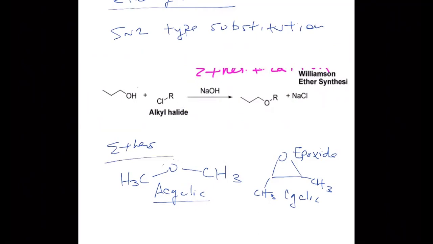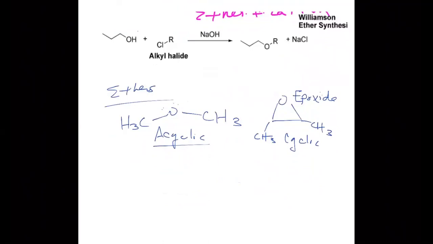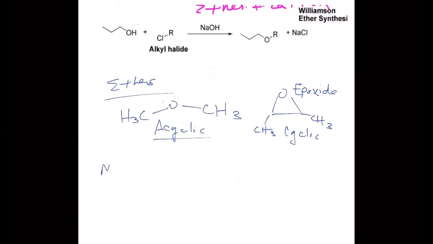Again, you have your alcohol, and you deprotonate it with the base. That's always the first step. In the lab, more than likely, you'll stir your alcohol with the base, and then you'll syringe in your alkyl halide at low temperature.